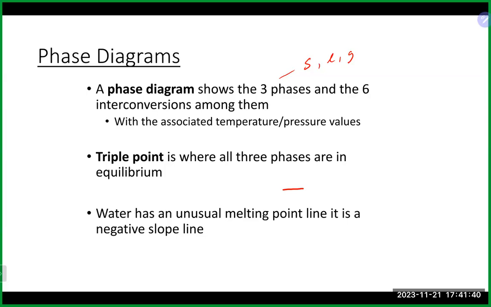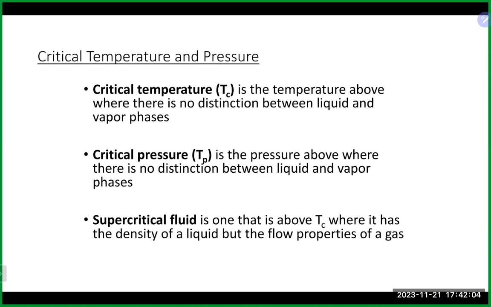It has a negative slope, which is unusual for a lot of substances, and that accounts for the fact that ice is less dense than liquid water, because as it comes together in the solid phase, it creates a lot of open space between the water molecules, which increases the volume and decreases the density.